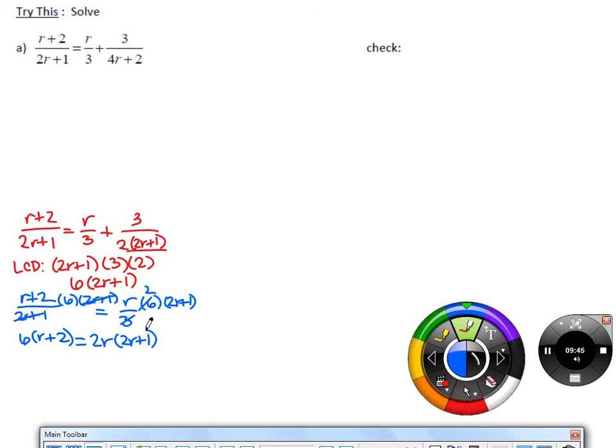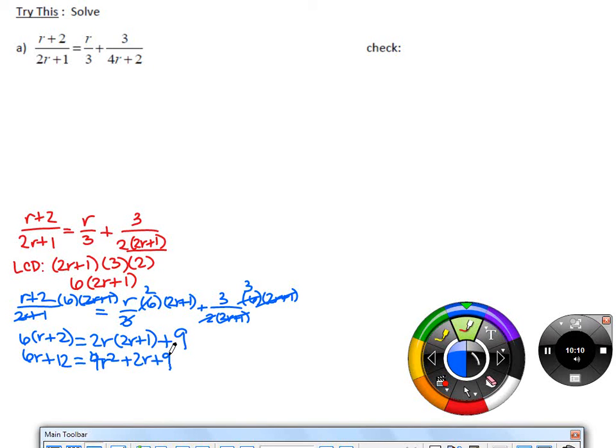And in the final term, 3 over 2 times 2r plus 1, when I multiply that by 6 times 2r plus 1, the 2r plus 1s will cancel out, and 2 and 6 have a common factor of 2, leaving 3. So that'll be 9. So now I have an equation again with no fractions, but I need to go ahead and simplify this.